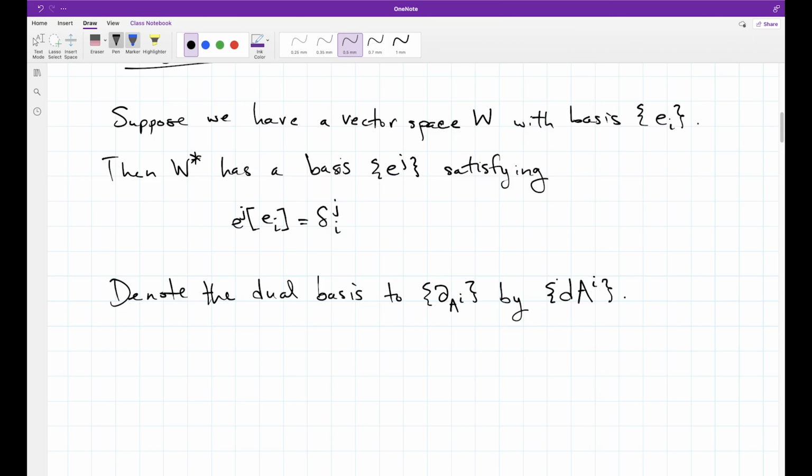Okay, and we know that we have some natural action. In fact, let me use j here instead. d a j, which acts on partial a i, and this is the Kronecker delta.